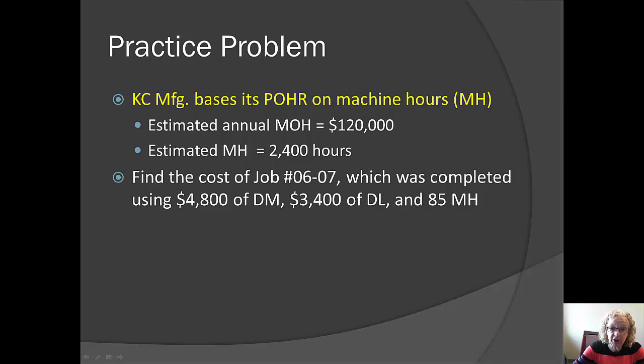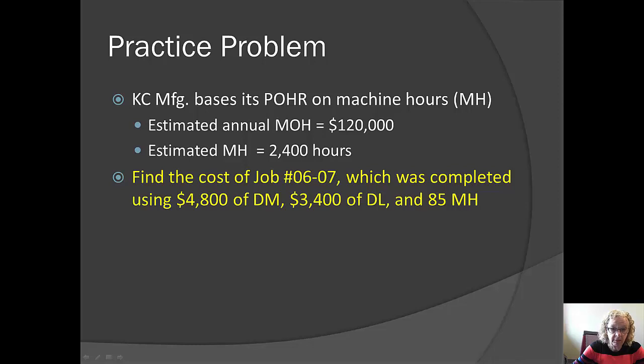Your job is to determine the cost of job 0607, which was completed using $4,800 of material, $3,400 of labor, and 85 machine hours.